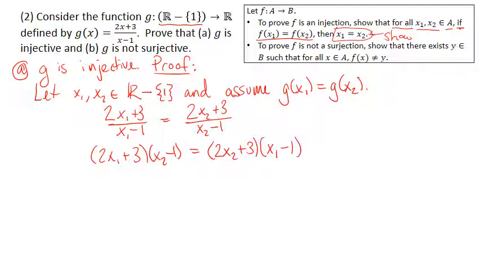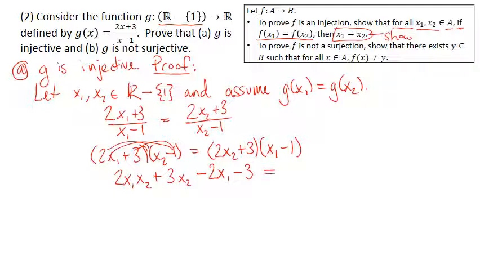Now I'm going to FOIL these. I'll get 2x1x2, 3x2, and then I need to distribute the -1, so negative 2x1, and then -3.